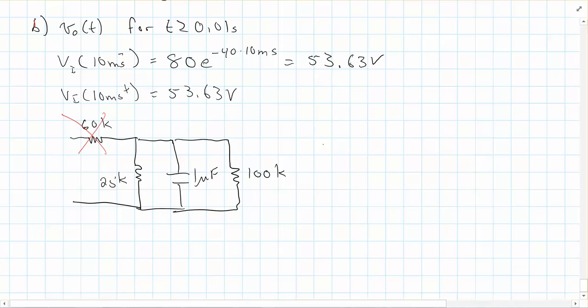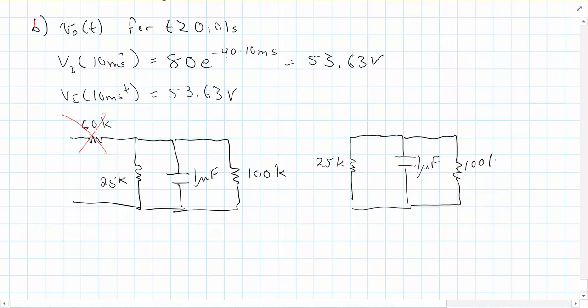But then we have here 25K, 1 microfarad, 100K. And again, here V final is easy as well.